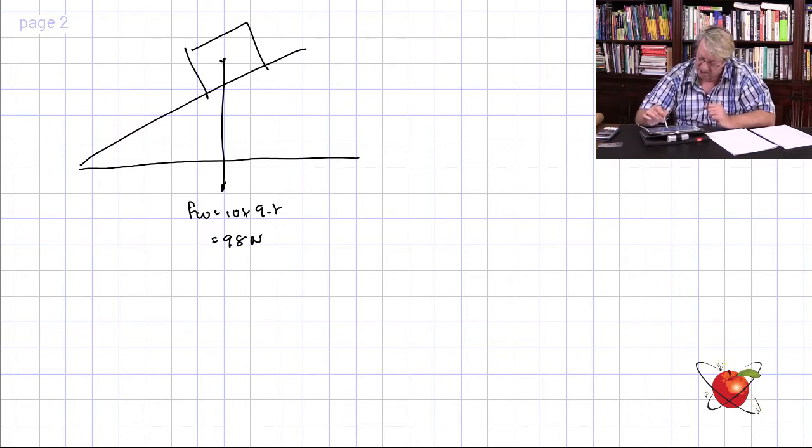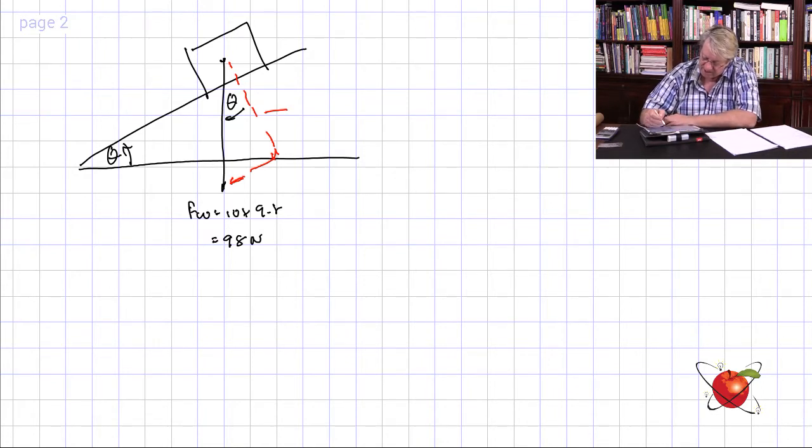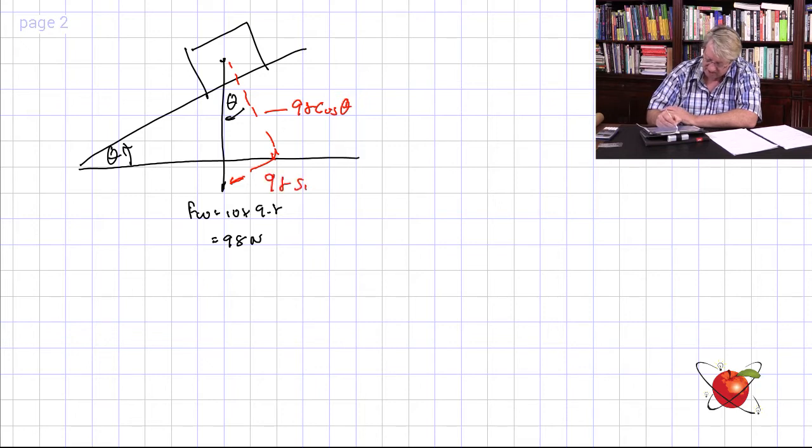We said next, put in the components. There's my 90 degrees. Therefore, theta over here, and theta over there. That's theta. So this component here, the vertical, is going to be 98 cos theta, isn't it? And this one is going to be 98 sine theta.